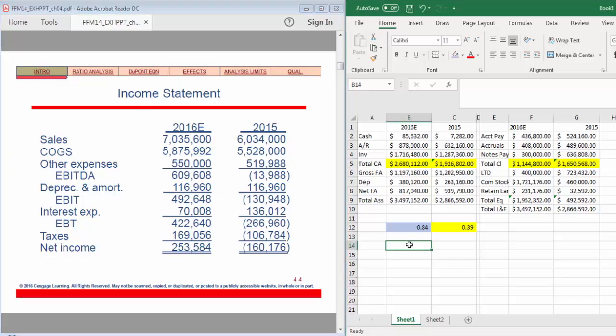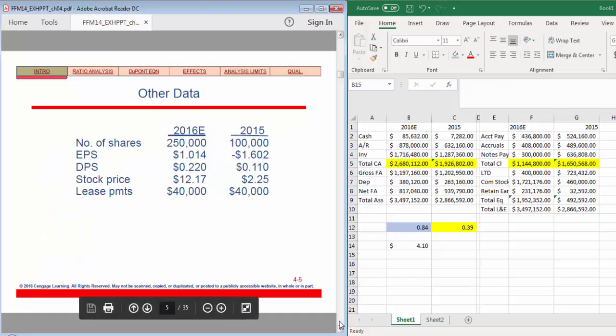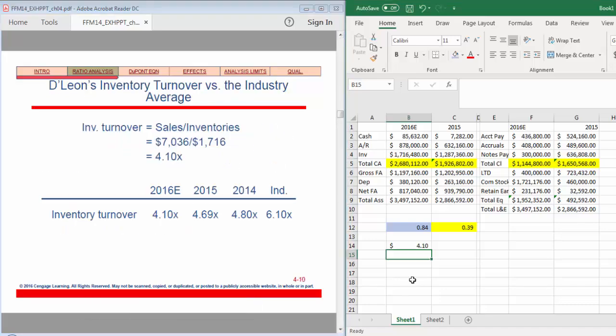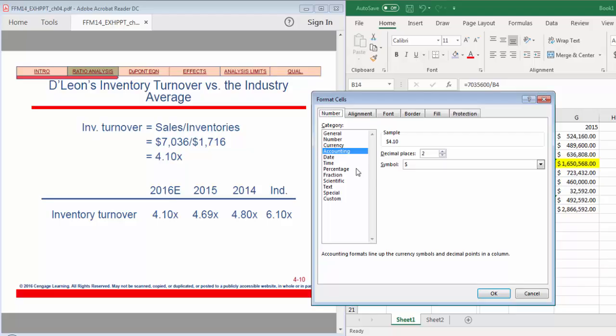There you go, you got the income statement figure, 7035600. So there you go, you got the sales divided by inventory, which is 4.10 times.